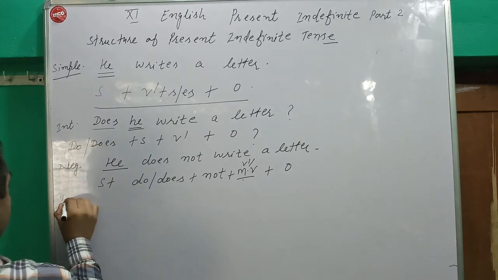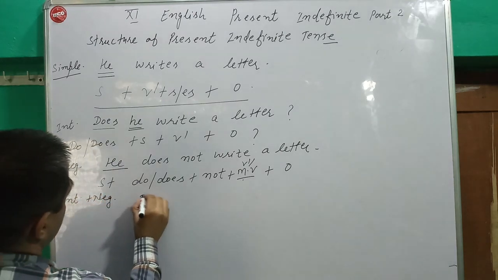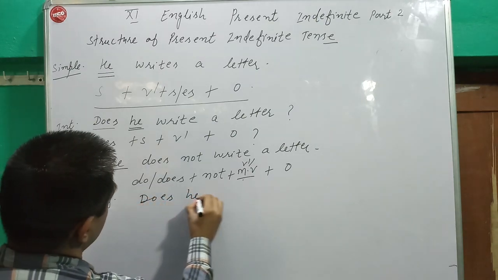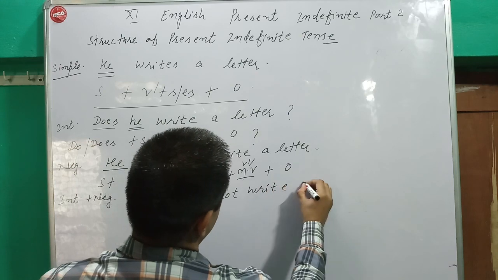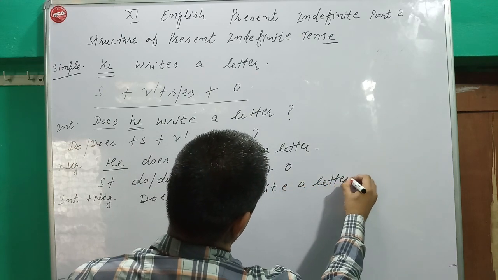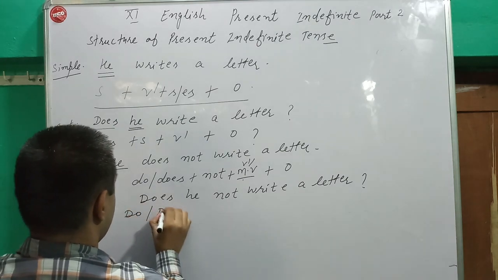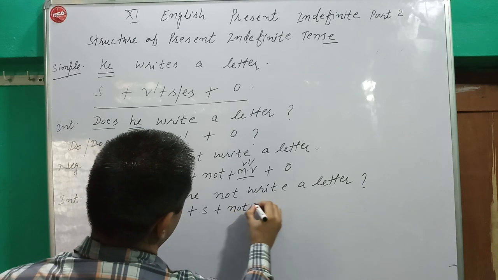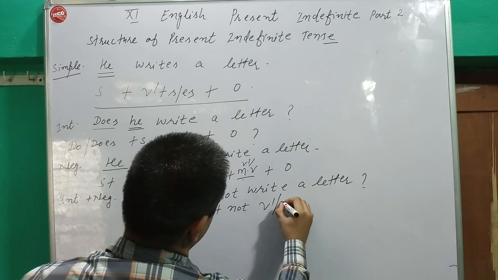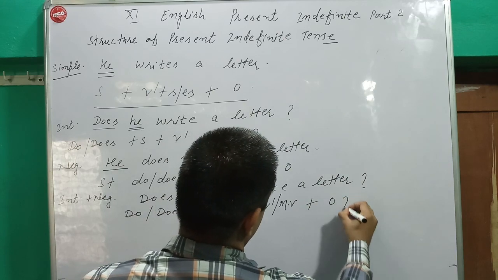Interrogative plus negative. Does he not write a letter? Okay, do or does plus subject plus not plus first form of verb, I mean to say main verb, plus object.